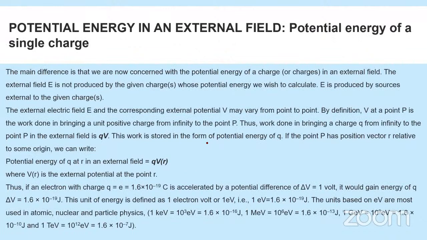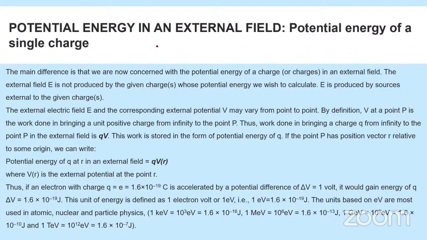So now if we want to know the potential energy in an external field. Till now, we have known what is causing the electric field, that is, we are considering it while calculating the potential.